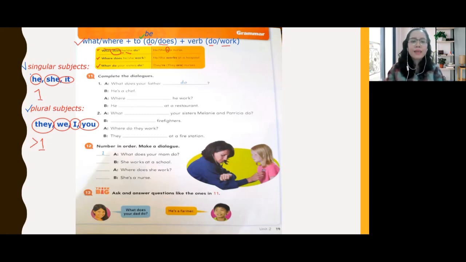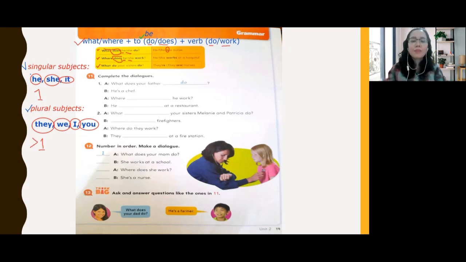For the second type of question, we are using where. It's still the same with the previous one, yeah? Singular subject is used in the question. So the to be we are using here is does.